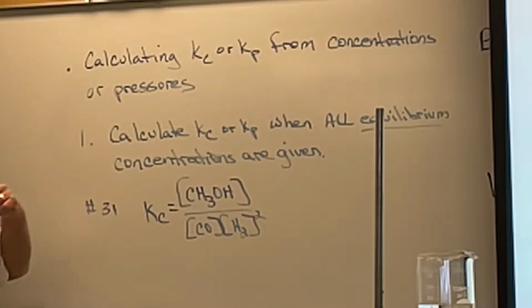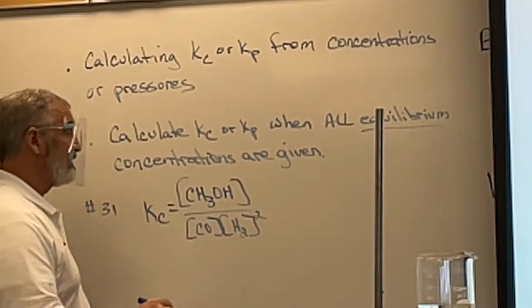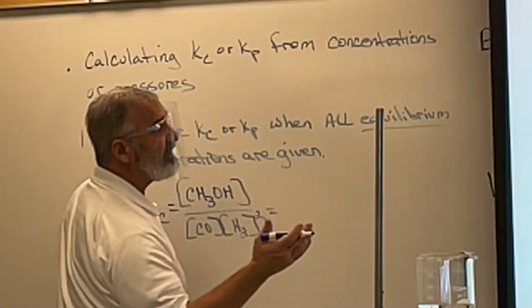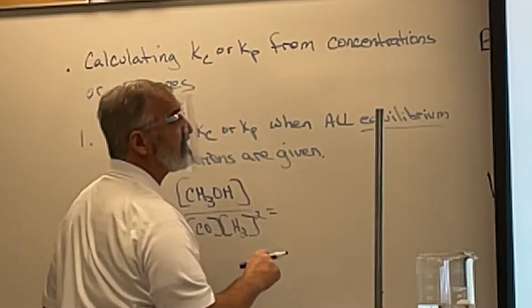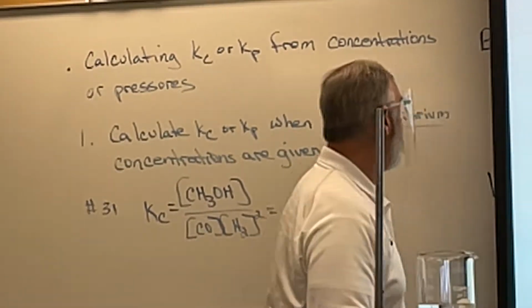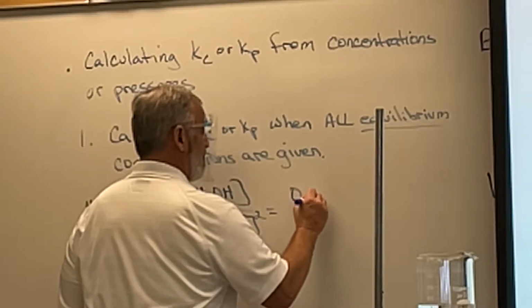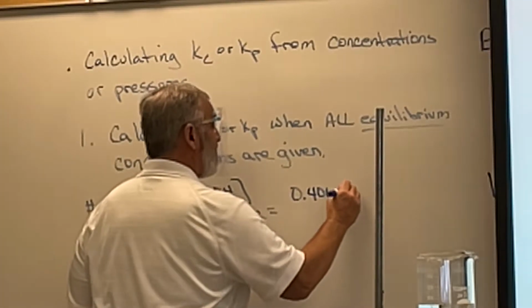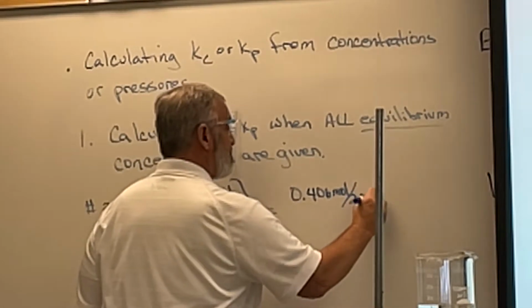Okay? Now each one is in a 2-liter vessel, but I always just go ahead and convert it anyway. So I know the CH3OH is 0.406 moles of that, but that's got to be divided by 2 liters.